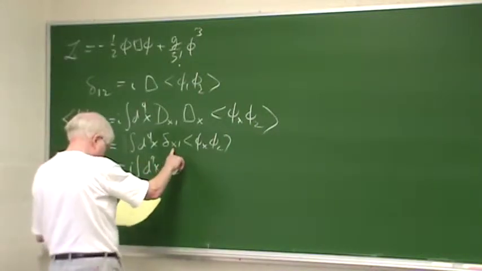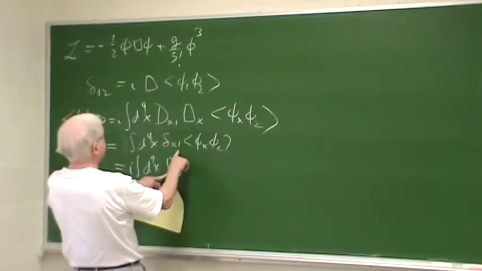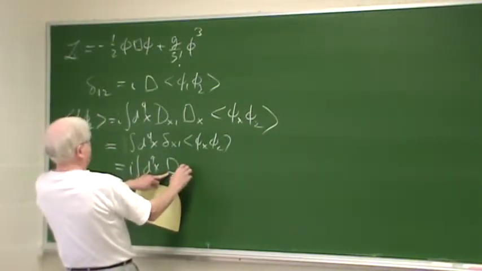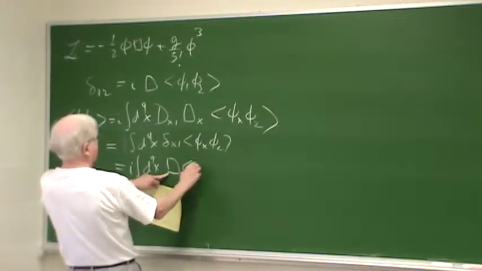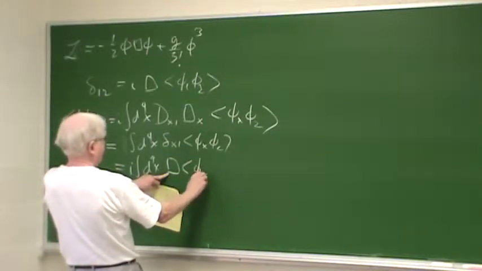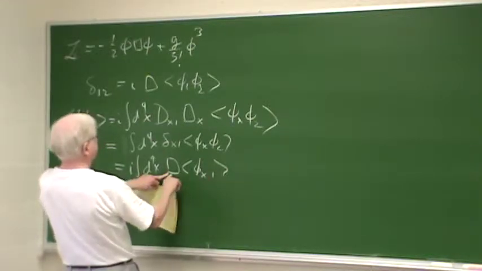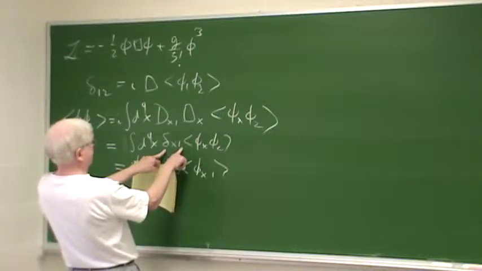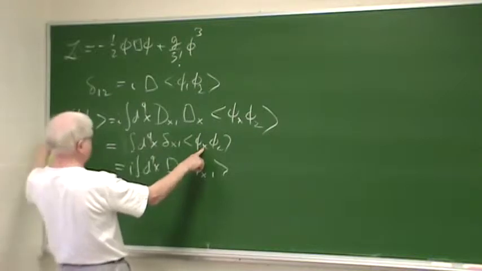There's an extra d, yeah, sorry. So this thing here is i box phi(x1). So i box phi(x1) is delta x1, and delta x1 on that gives you this.